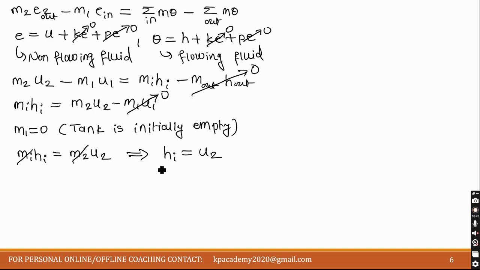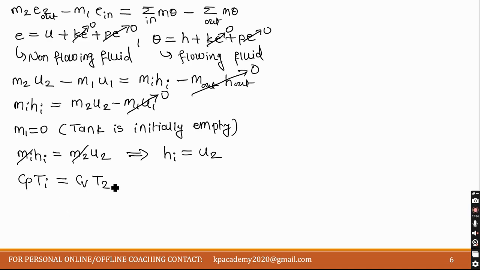Now in temperature relation, hi can be written as Cp into T, because enthalpy is a function of temperature, right? So we can write enthalpy as Cp into Ti. Okay, that is initial temperature, isn't it? Equal to, for U2 now we have Cv, so Cv into T2. Okay, right?